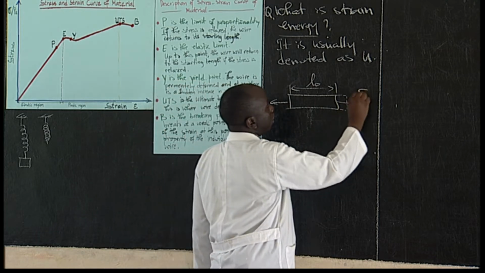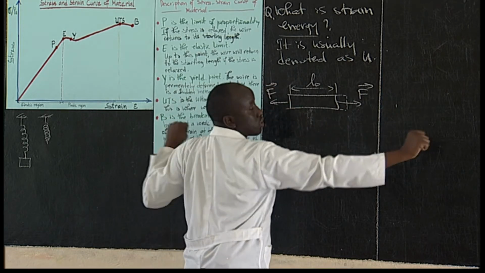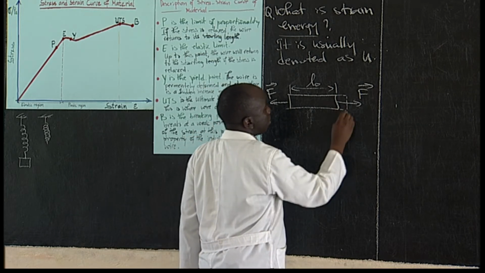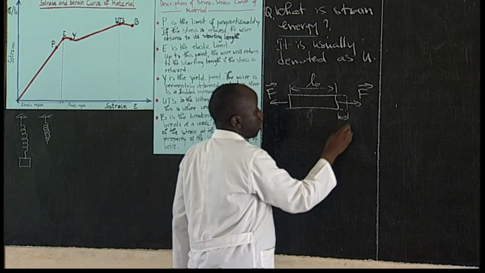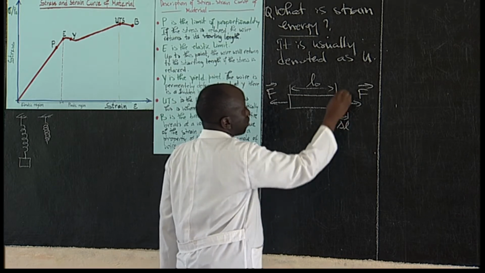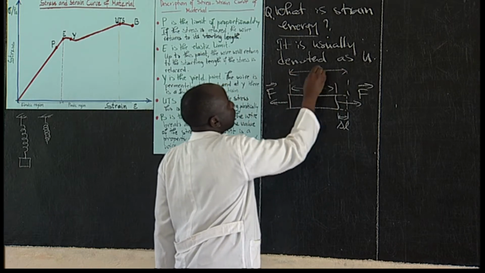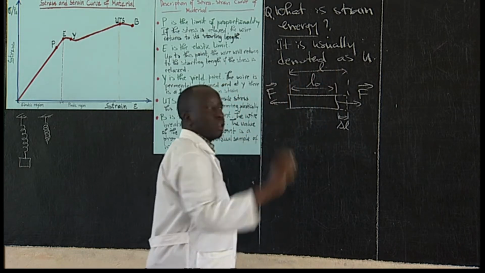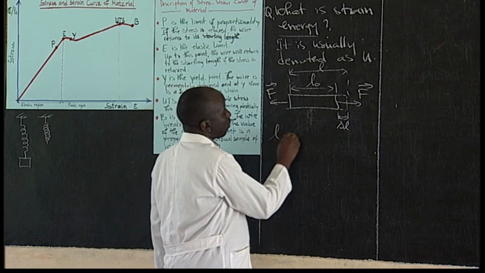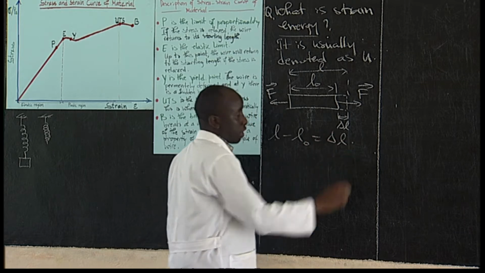There is a deformation. Here we have dl. Up to this point, we have L, the final length, so L minus L0 equals the change of length.